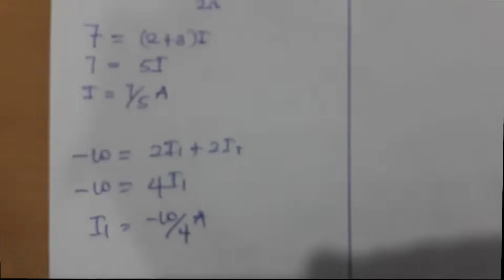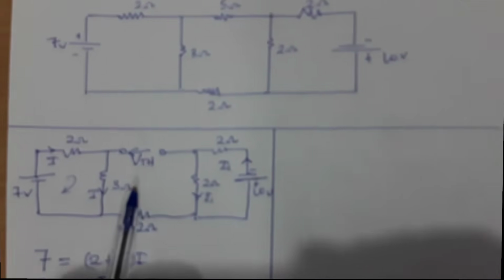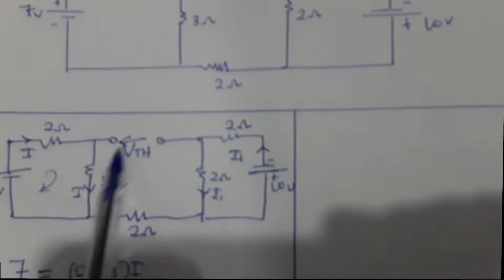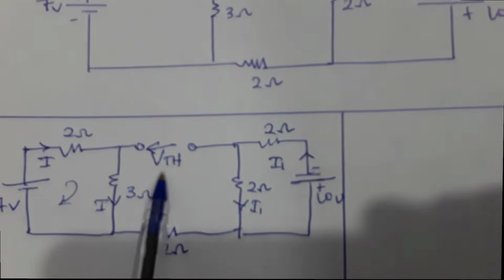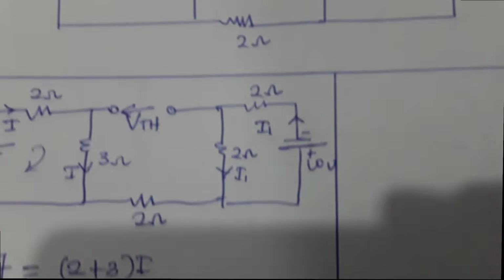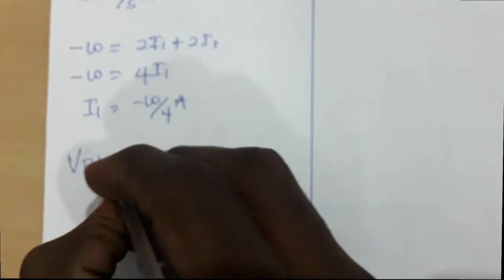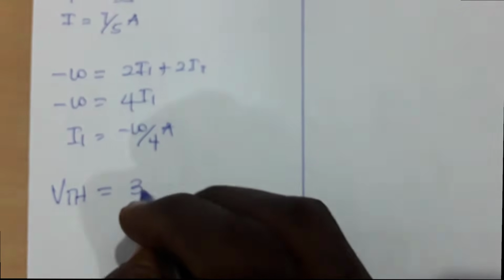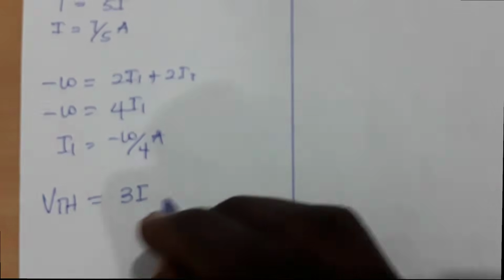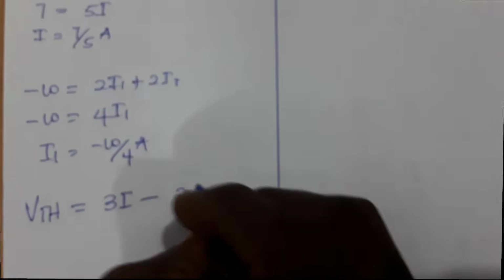So what we need right now is to find our VTH. Taking a look at this loop, we will treat this VTH as a voltage source. So we can say that VTH will be equal to 3I minus 2I1.